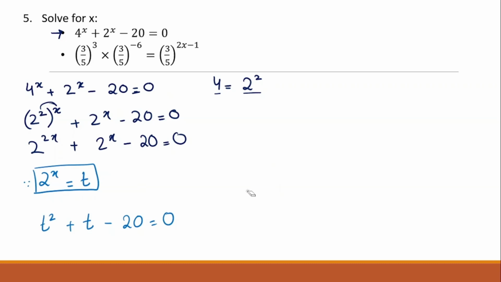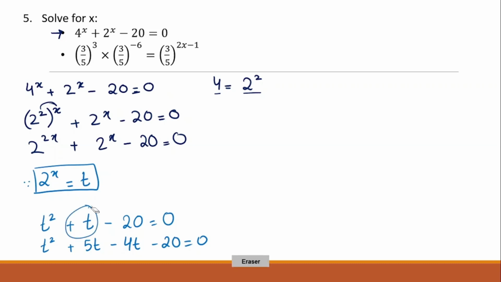Now when we apply the factors here, let's say we have t to the power square and 5t minus 4t minus 20 equals to 0. But why I have done this is because positive 5t, negative 4t is basically positive t, right?